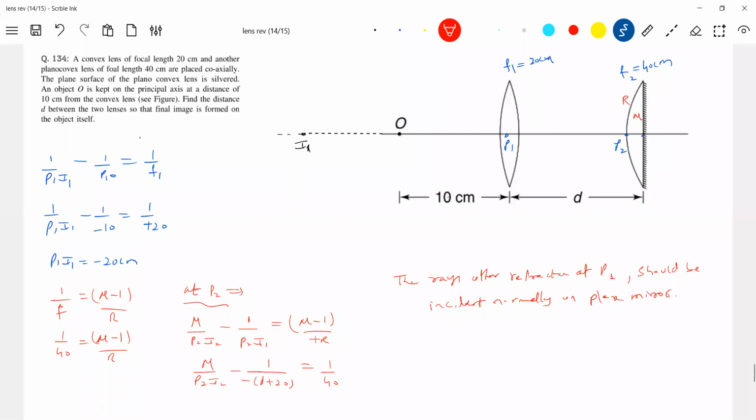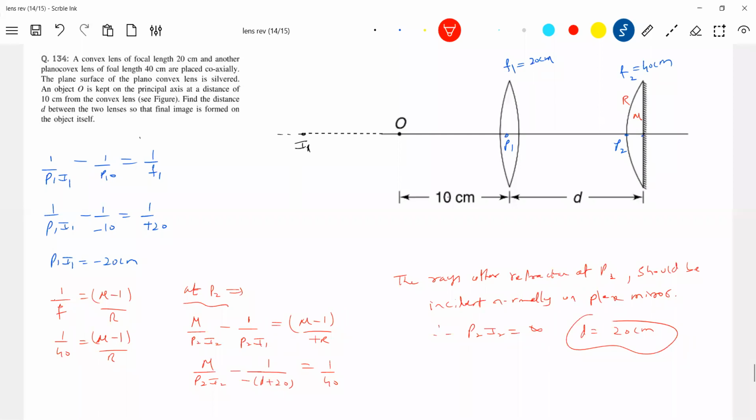Then, from the principle of reversibility of light, the image will be formed at O only. Do I agree with this? So therefore, what should P2I2 be? P2I2 should be equal to infinity. This will be your answer.